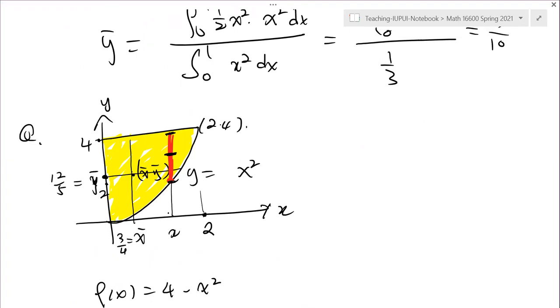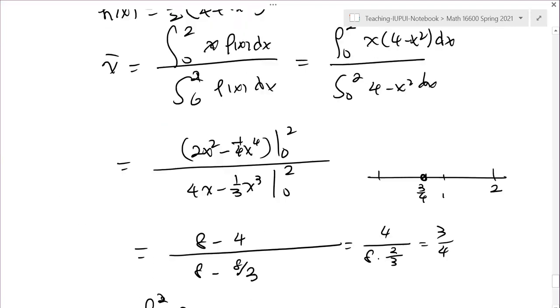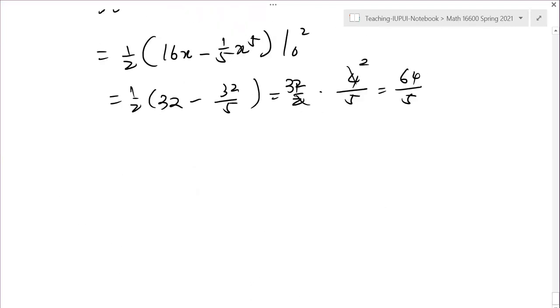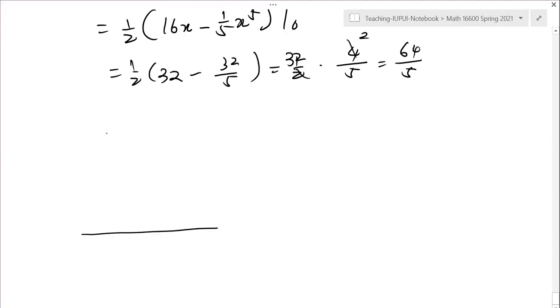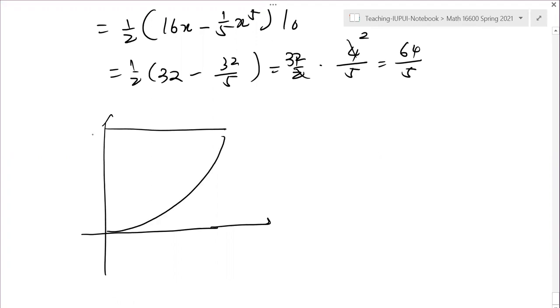All right, now if you don't want to use another formula for y bar, how do you get y bar in a slightly different way? I'm going to show you again. If you understand the concept, this is 4, here's 0, and this is y equals x squared.